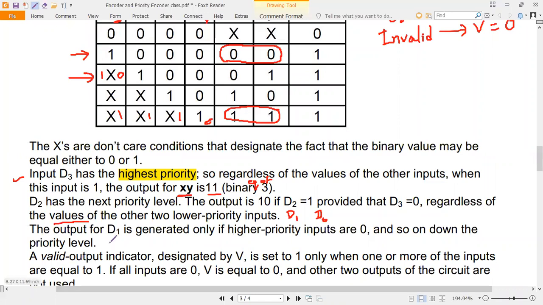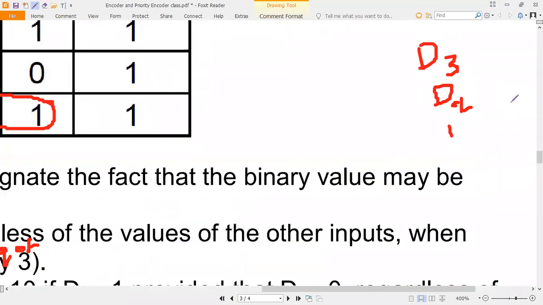Similarly, the output for D1 is generated only if higher priority inputs are 0, and so on down the priority levels. So the order of priority is: first priority is given to D3, next D2, next D1, next D0.